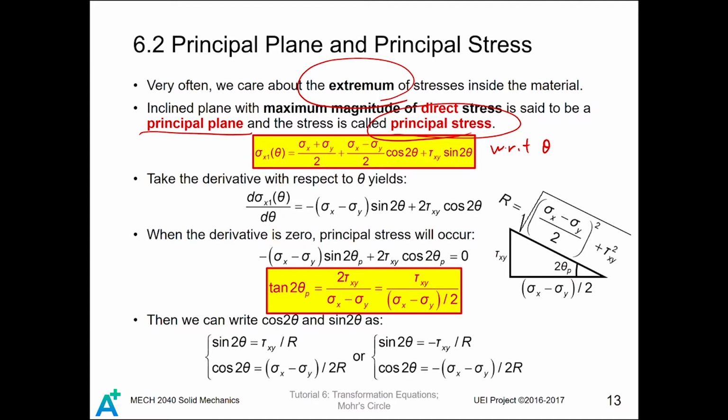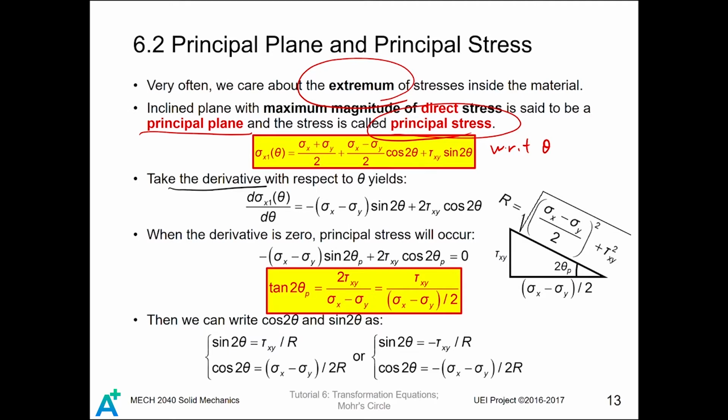To find the principal plane or the principal stress, the first step is to take the derivative. The objective is to find the maximum, so we take the derivative with respect to theta. Then d sigma x1 by d theta equals minus sigma x minus sigma y sine 2 theta plus 2 tau xy cosine 2 theta.